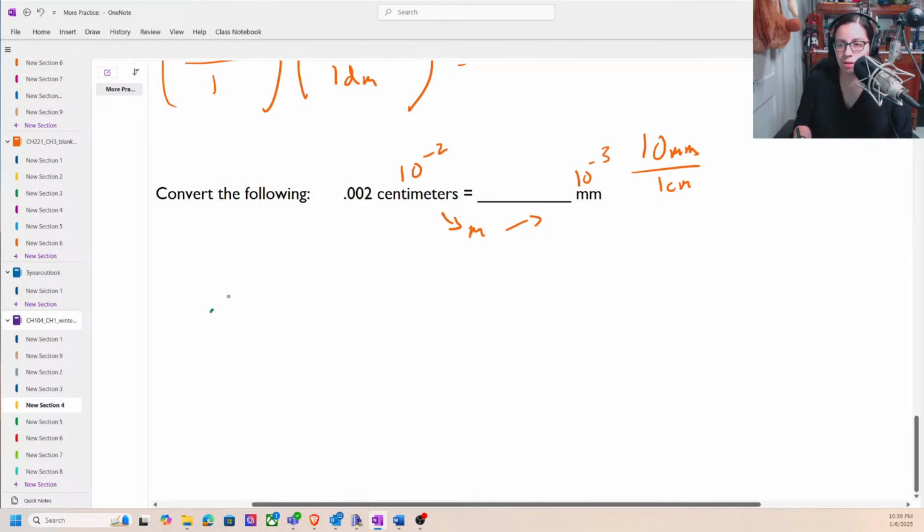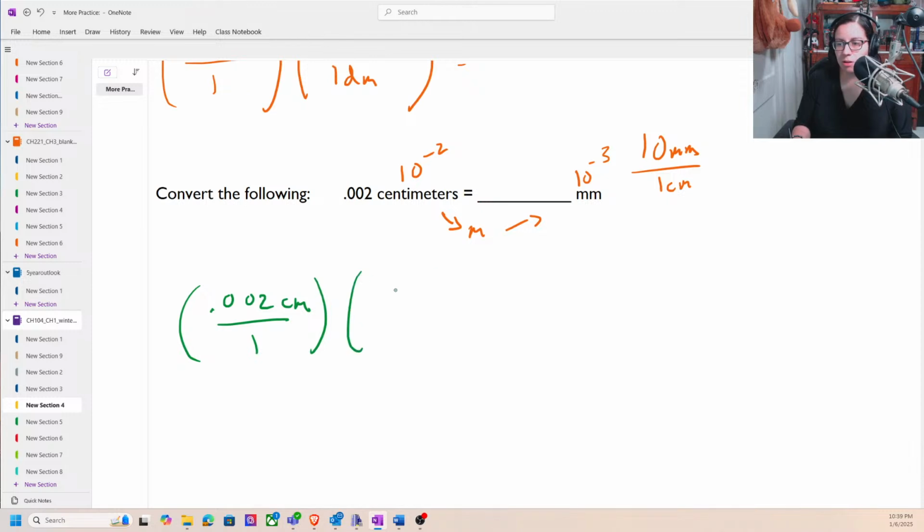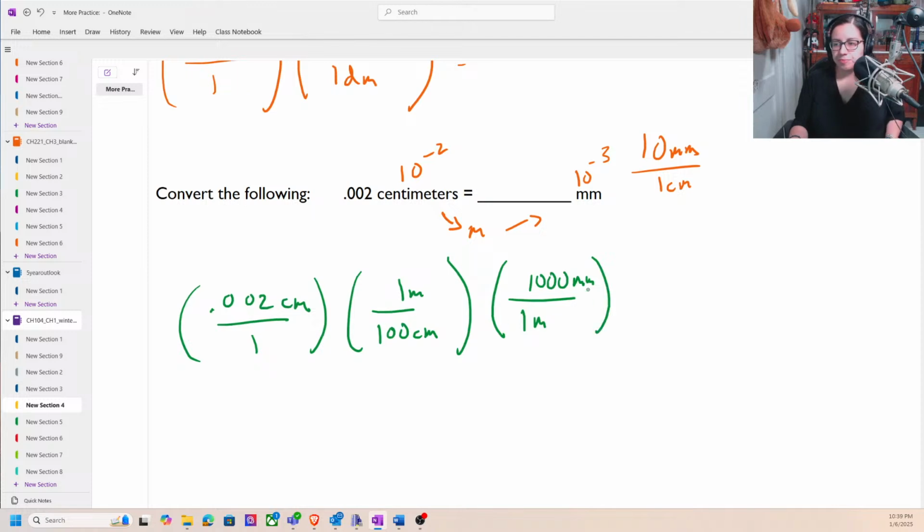And so now let's write out, so 0.002 centimeters over 1. And then I want to go to meters, so I'm going to put 100 centimeters are in 1 meter. And then millimeters, so 1 meter is 1,000 millimeters.